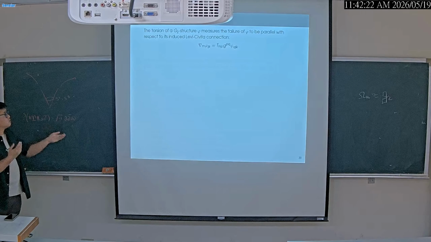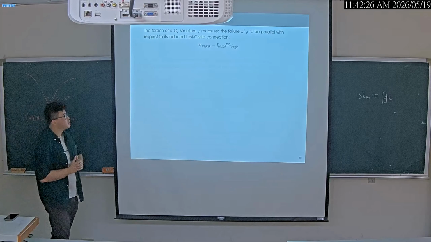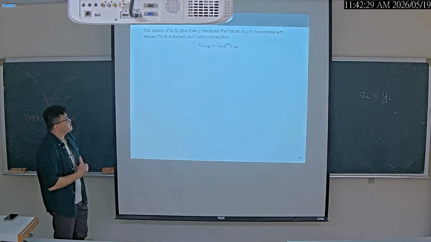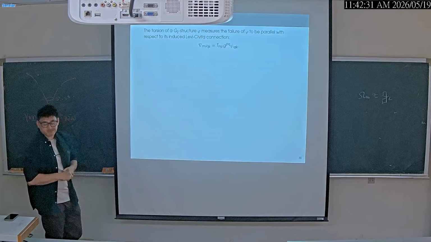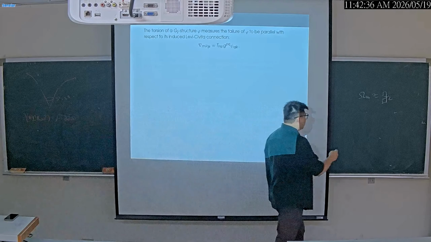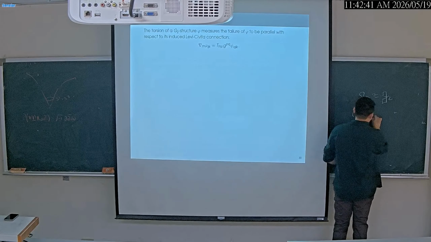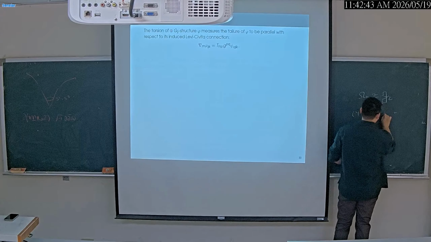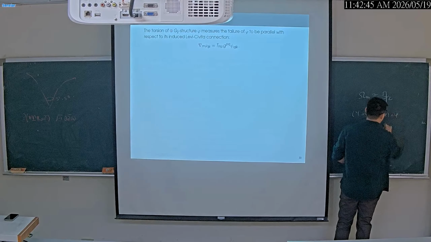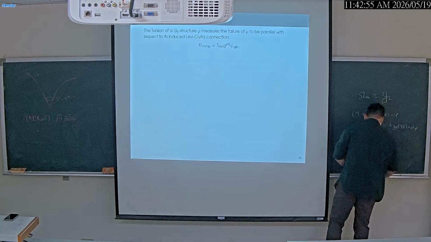Okay. The next thing that we'll need is torsion, this idea of torsion. For a G2 structure, the torsion is measuring the failure of phi to be parallel with respect to the Levi-Civita connection.